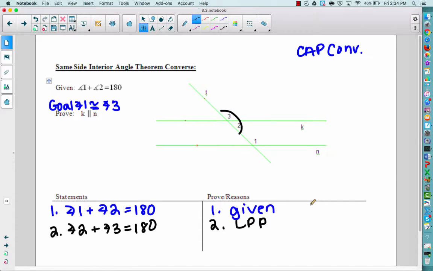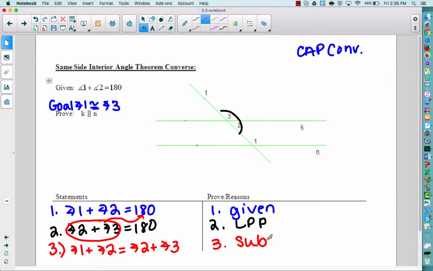We know that those two angles equal 180. If they both equal 180, then I can substitute this in for 180 in the other equation. So I get angle 1 plus angle 2 equals angle 2 plus angle 3, because of substitution.